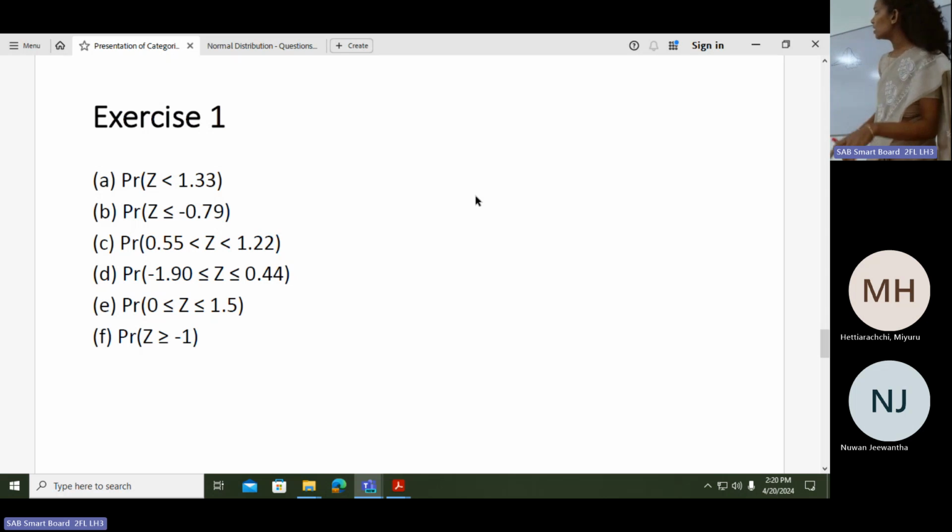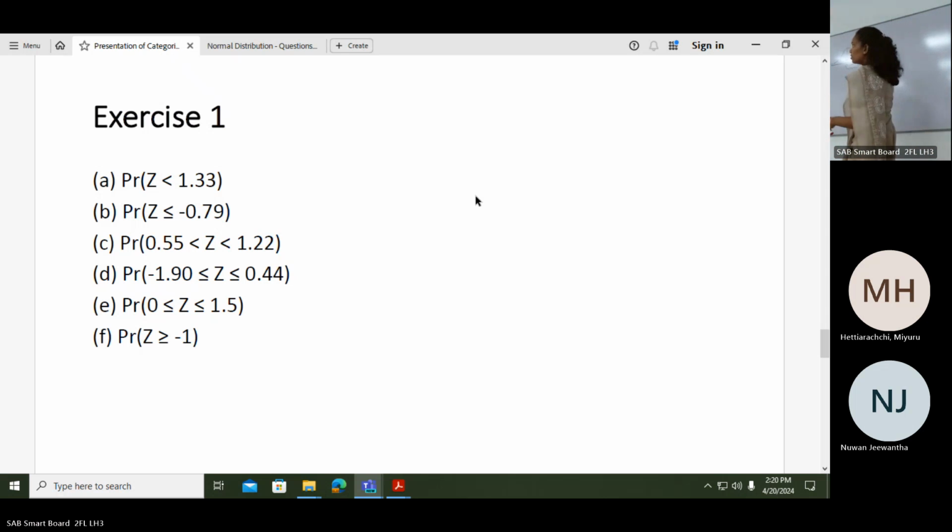Then moving to D. Minus 1.90 and 0.44. One is positive, the other is negative. It's easy enough.